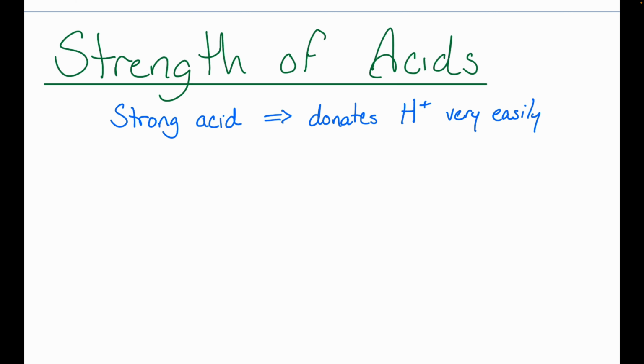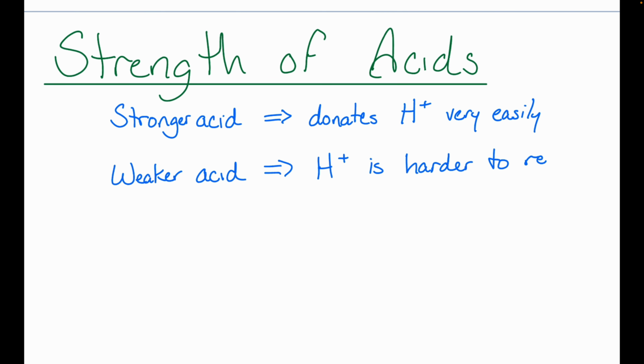A weaker acid means that that proton is harder to remove. So this is what we need to keep in mind when we're talking about acid strength: how easily that proton gets donated.